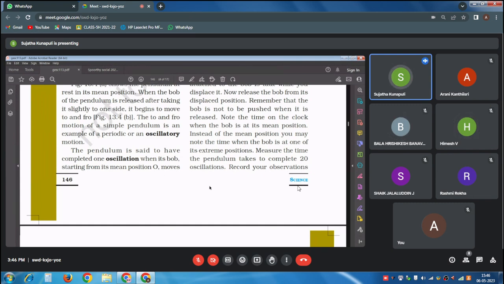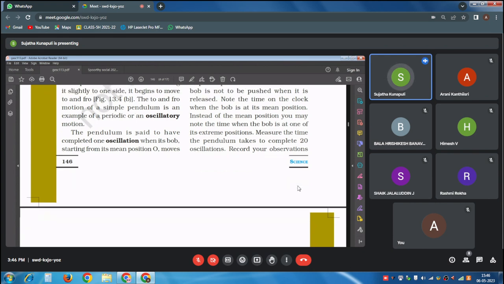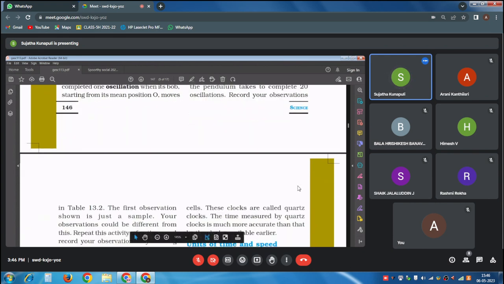Yes, ma'am. That is what is called one oscillation. So he is asking us to calculate how much time the pendulum, or the ball, takes to complete one oscillation. That is what he is asking us to check.